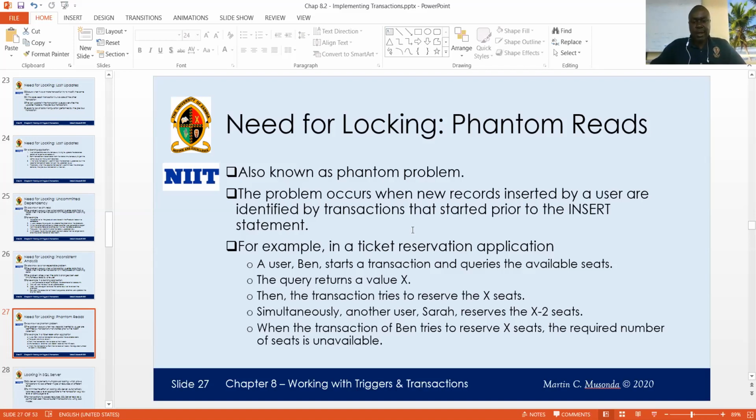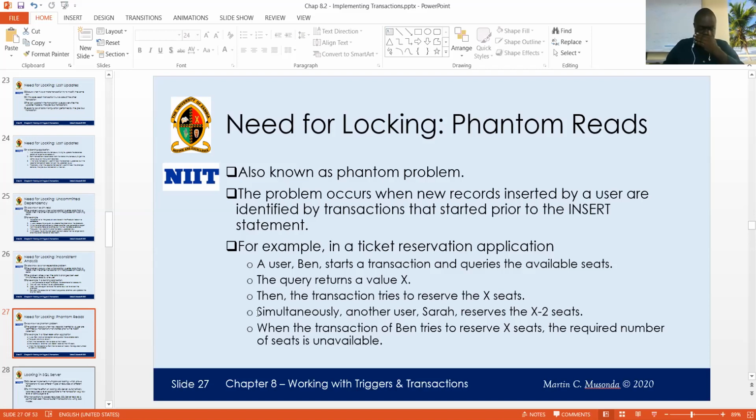When the transaction of Ben tries to reserve 10 seats, the required number of seats is not available. They get an error message saying there are not enough seats available. What has happened? It's because while the transaction was being executed, an update or insert was made, which changed the data available.